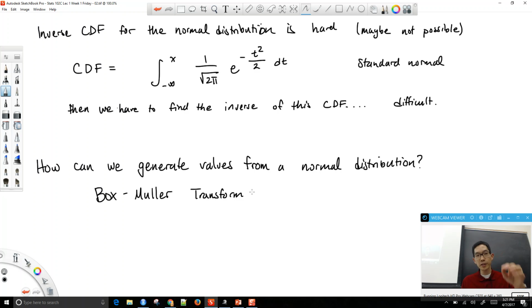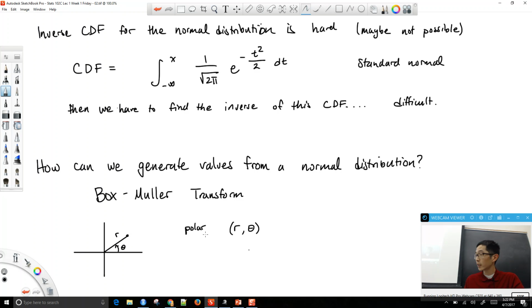And the idea here is we're going to work in polar coordinates. If we have something here, our polar coordinates are in the form of r and theta, right? So we have r, and then this angle is theta.